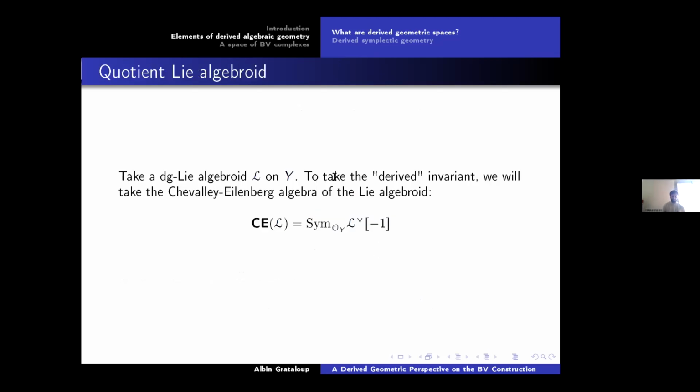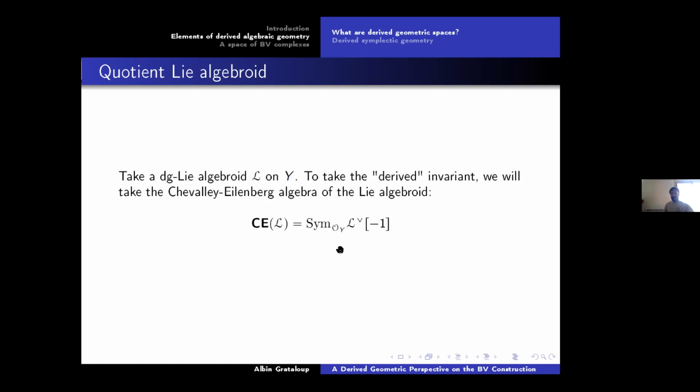The next thing that we might need: we are interested in taking quotients by Lie algebroids, and the question is, do you see that in a geometric way? This is something I do not have a very satisfying answer to as of yet. A way to take derived invariants when you look at an action of a Lie algebroid on some derived scheme Y is to look at its Chevalley-Eilenberg algebra.